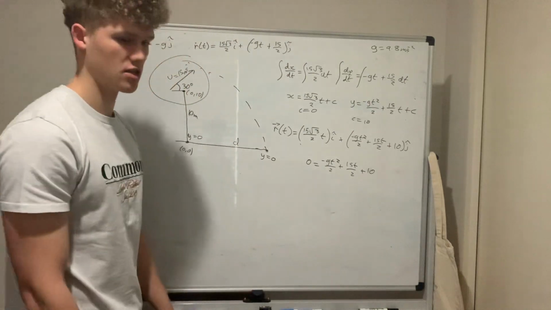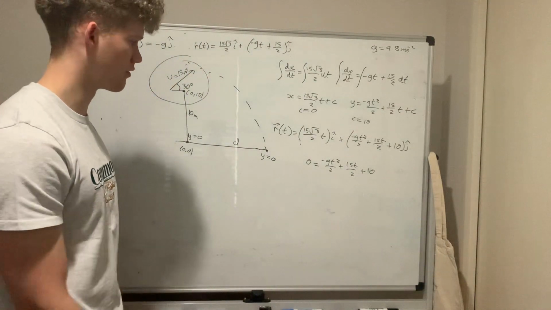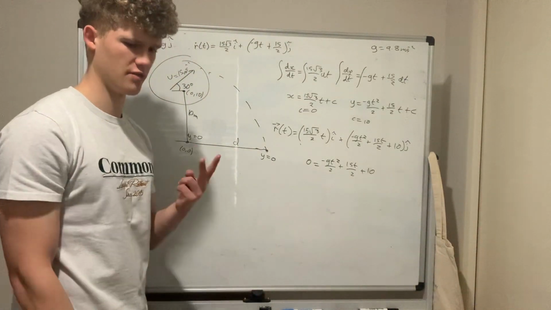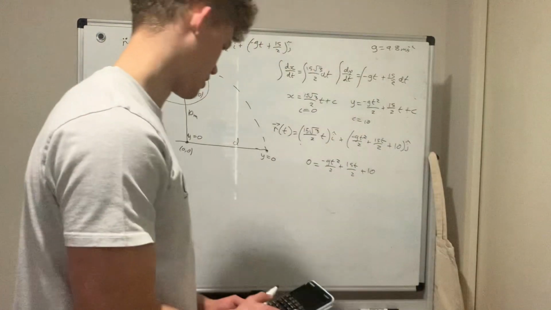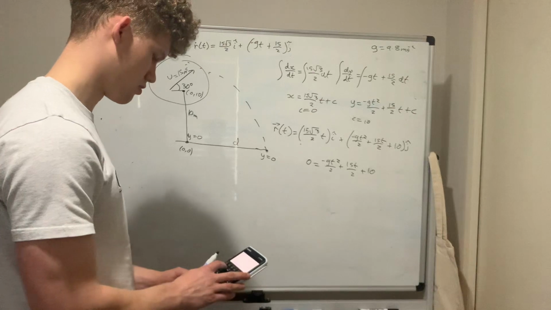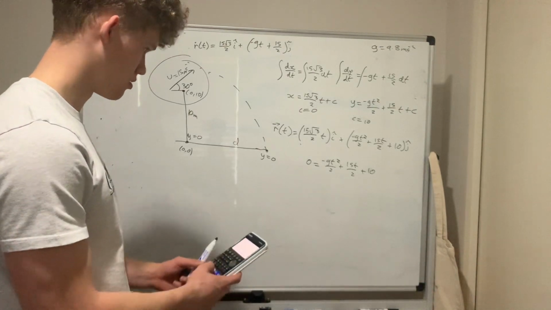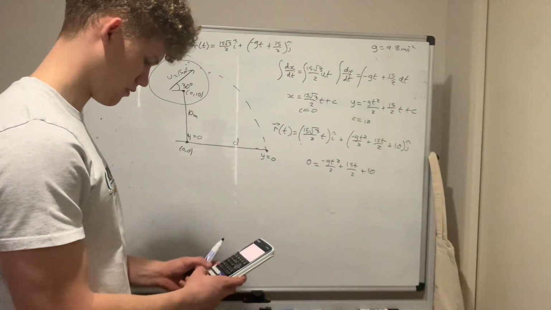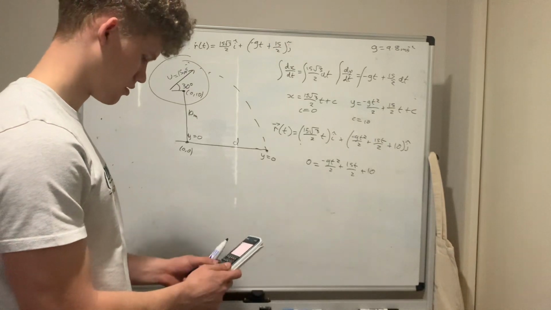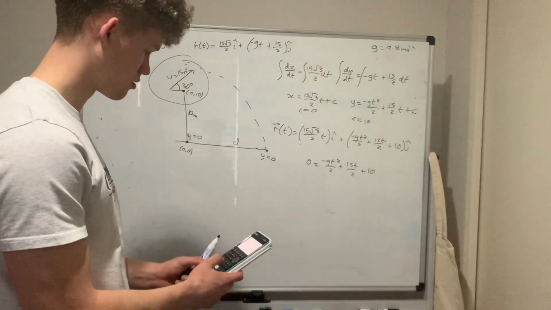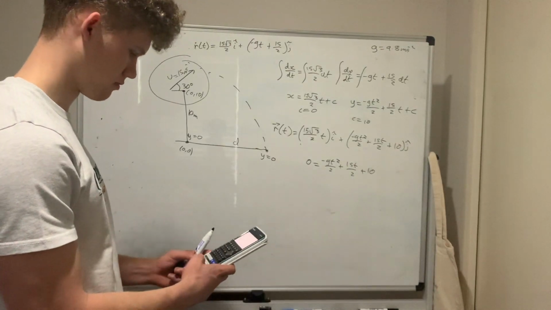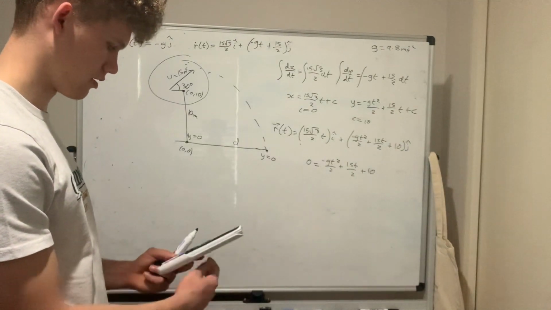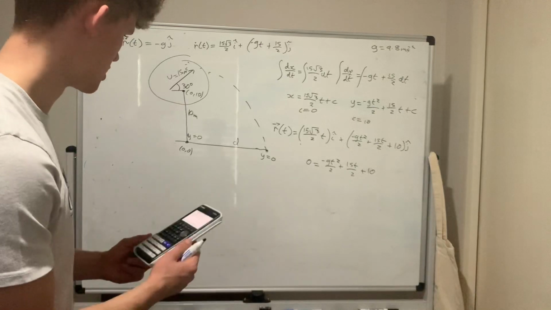Now, you'll probably need your calculator or the quadratic formula because it's going to give you two answers. I'm going to be lazy and use my calculator. So I'll go negative 9.8 x squared on 2 plus 15 on 2 x plus 10. Right, so it'll give you two answers pretty much.